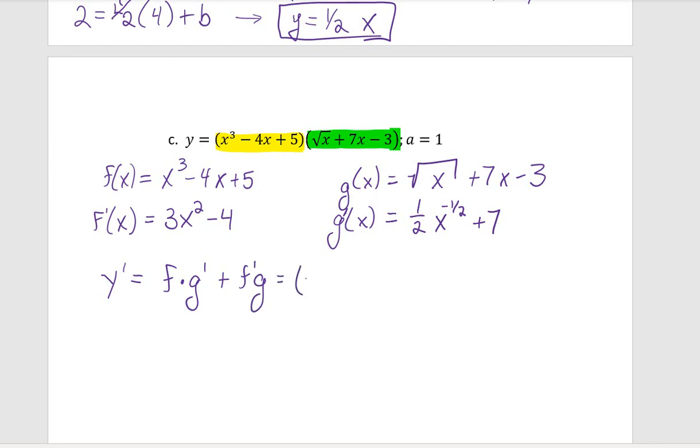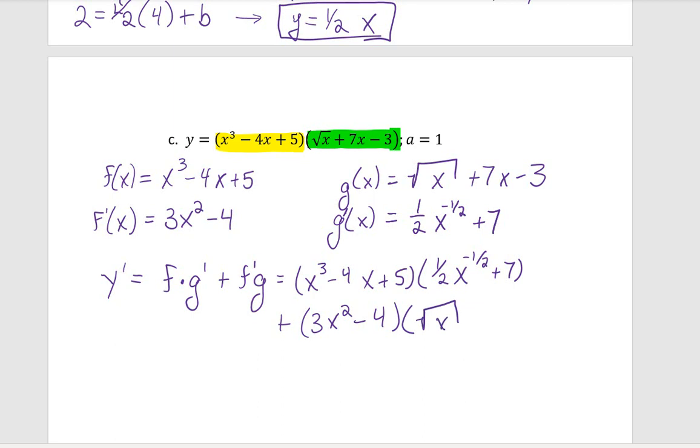So in our case, that's going to be x to the third minus 4x plus 5 times 1/2 x to the negative 1/2 plus 7, plus, and now we need to do f prime, so 3x squared minus 4 times g left alone, which is the square root of x plus 7x minus 3.